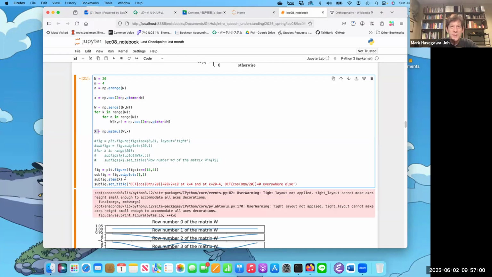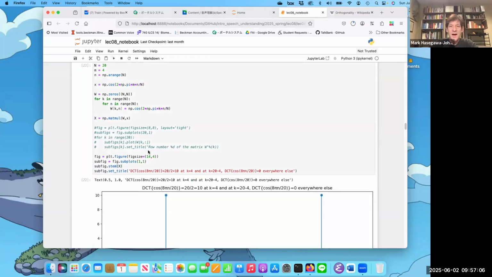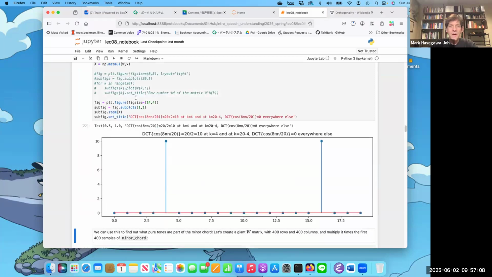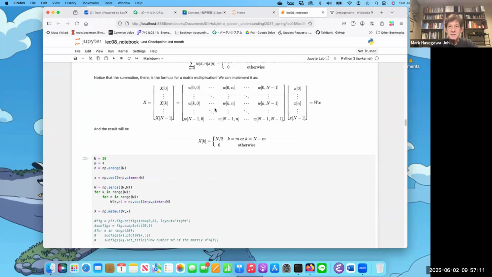And now what I'm going to do is a stem plot of that matrix capital X. And let's see what I find. I find that, lo and behold, multiplying this matrix W times this input signal, which is a cosine, gives me an output which is 0 everywhere except at sample number 4.